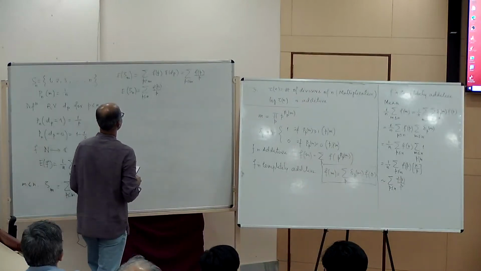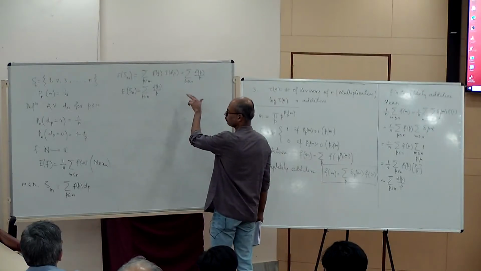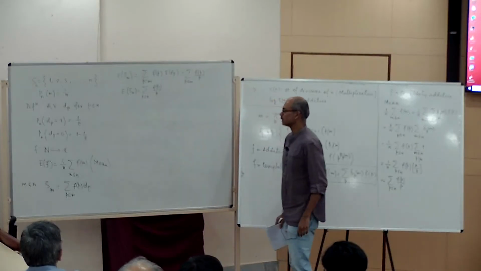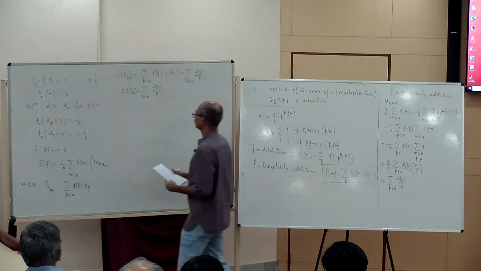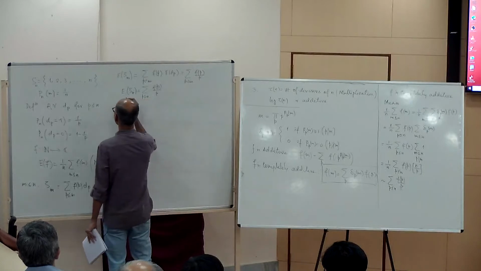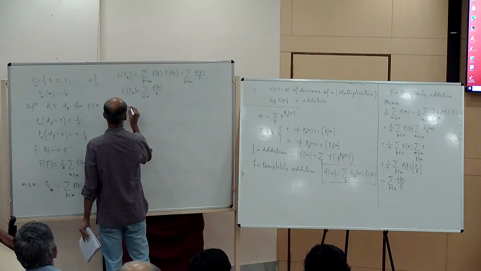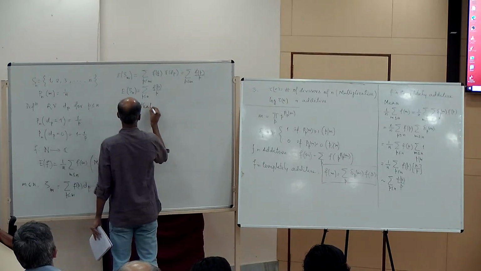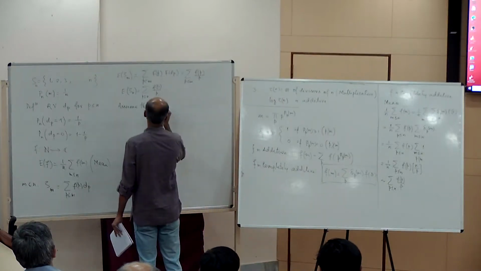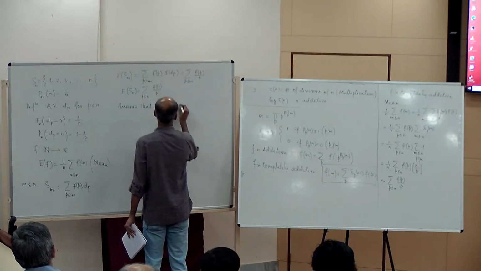To calculate the variance easily, we need independence of these random variables. Then obviously calculating variance will be very easy. So that is an assumption here: we assume that the d_p's are independent.